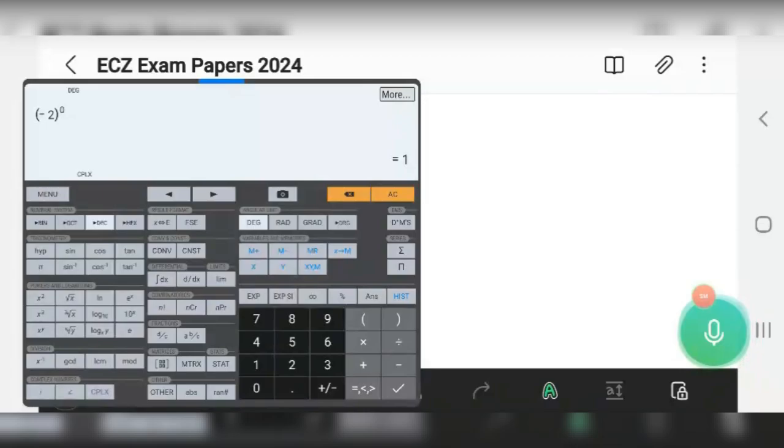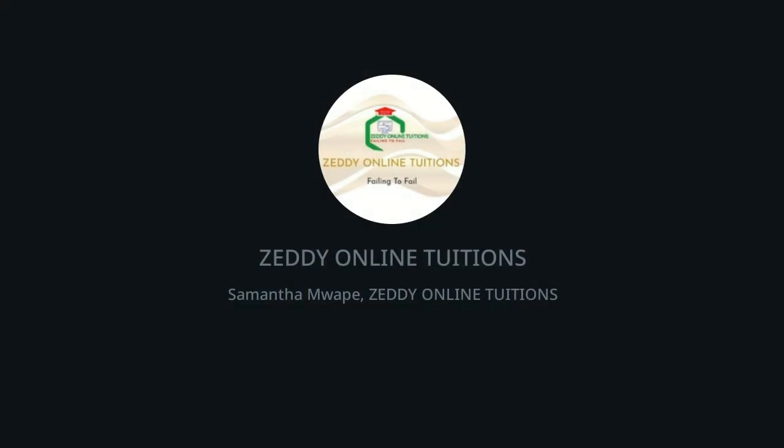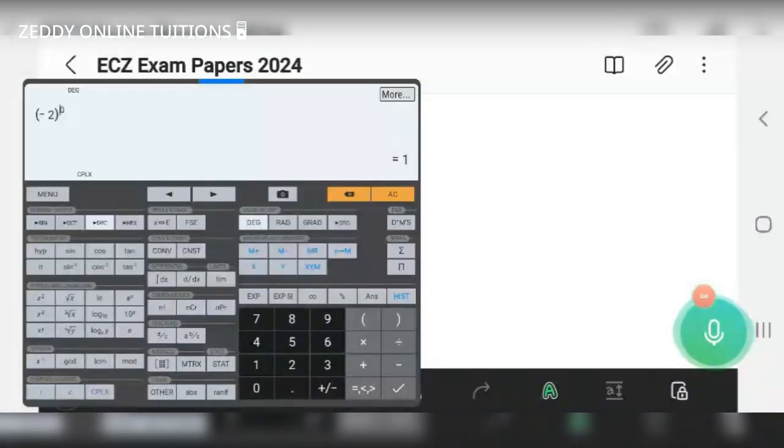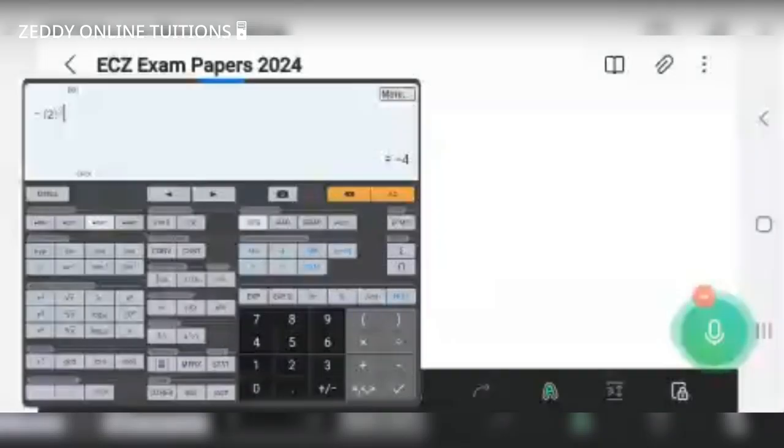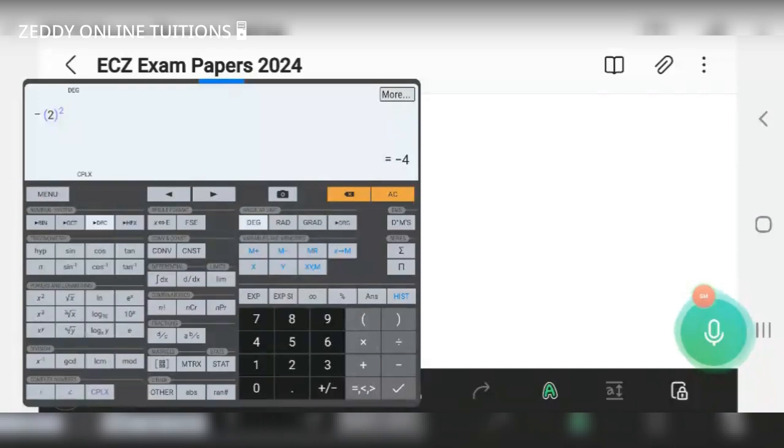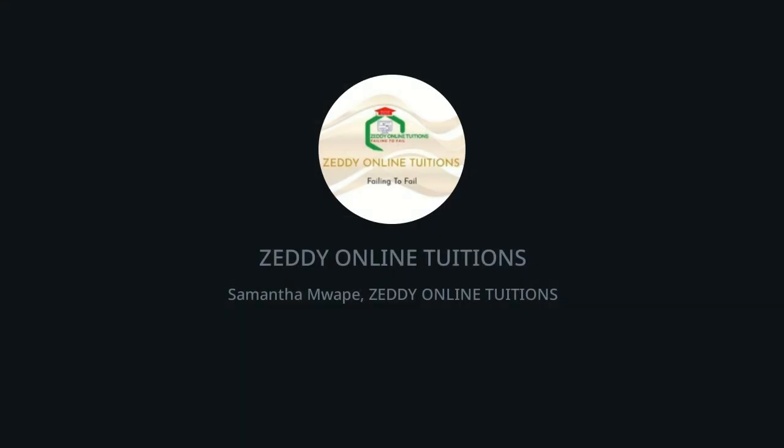But the question is, what if you removed the brackets? What is going to happen if you remove the brackets and just raise this to the power 0?